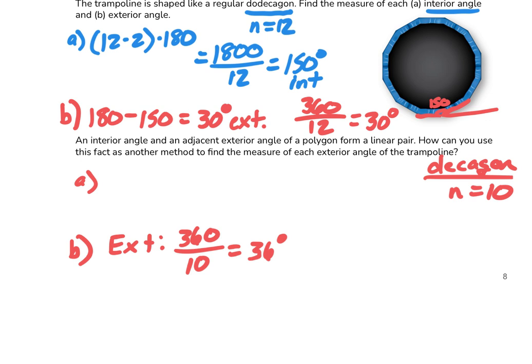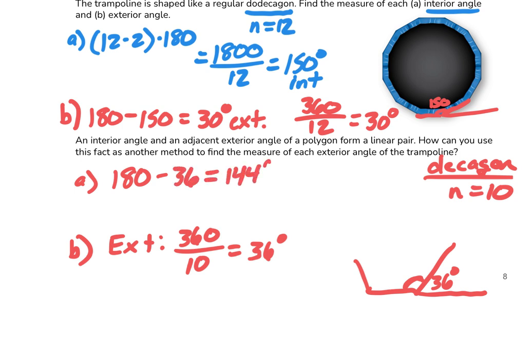So the exterior angles will all be 36 degrees. And if I'm looking at a figure here, and I tell you that the outside angle is 36 degrees, what would be the easiest way to find the inside angle right next to it? 180 minus 36. And that would give us 144.